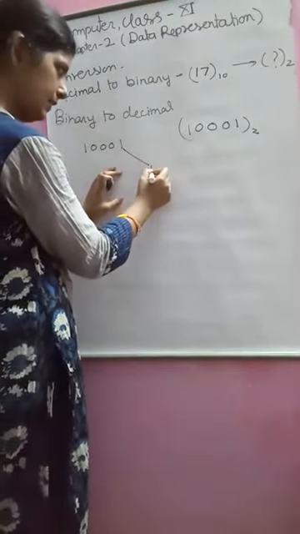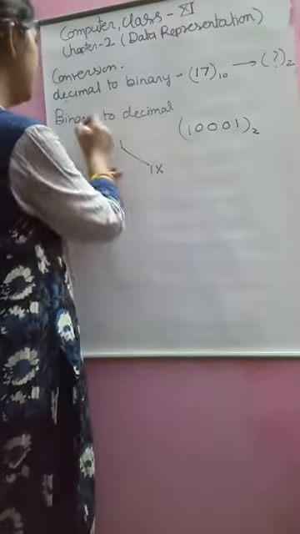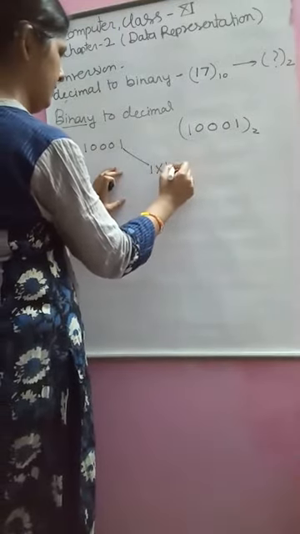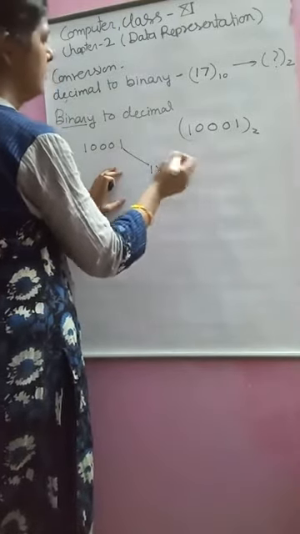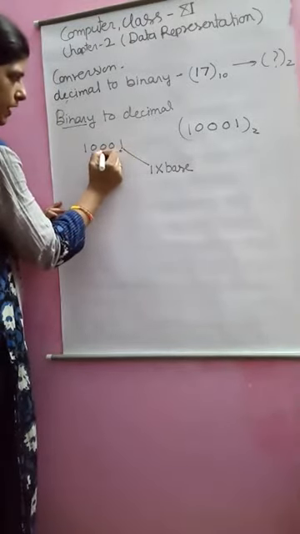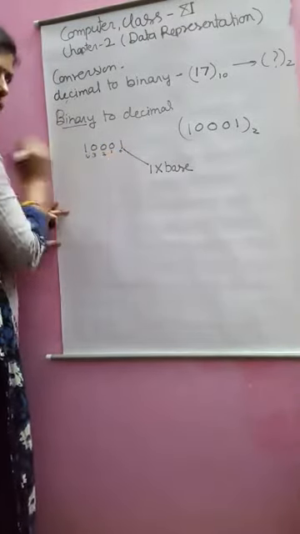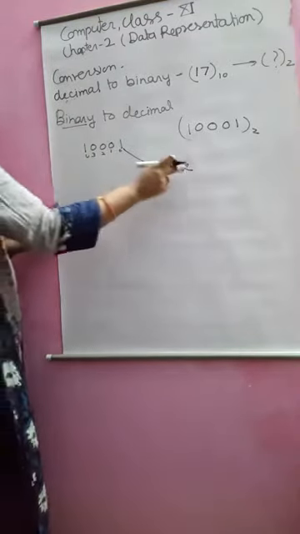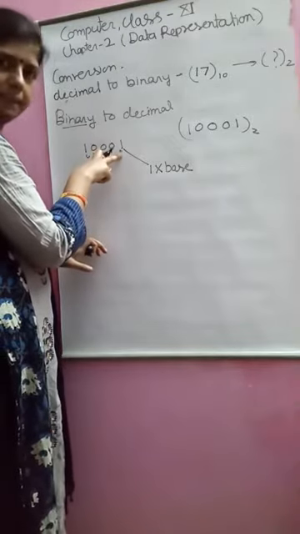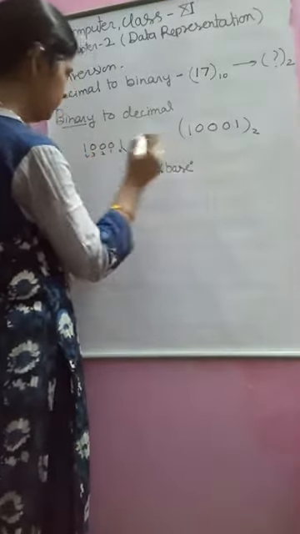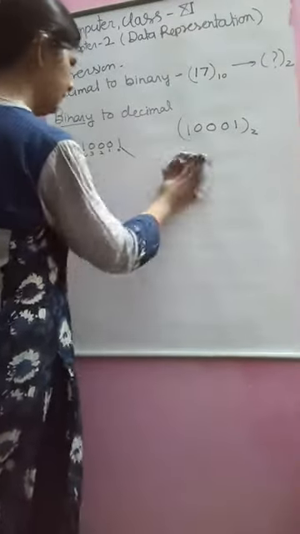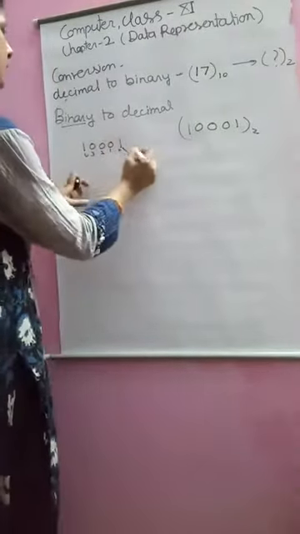The first digit is multiplied by the base, where the places are written from 0, 1, 2, 3, 4. Base to the power of the place number. Base to the power 0. Now start with this one and combine all of these. Now take the example of this one.